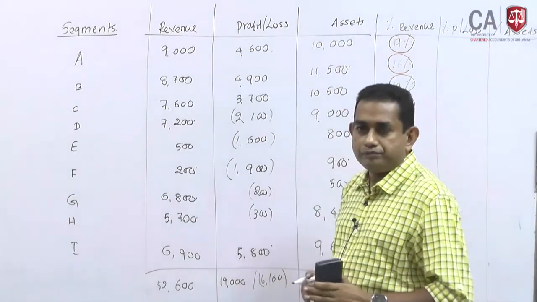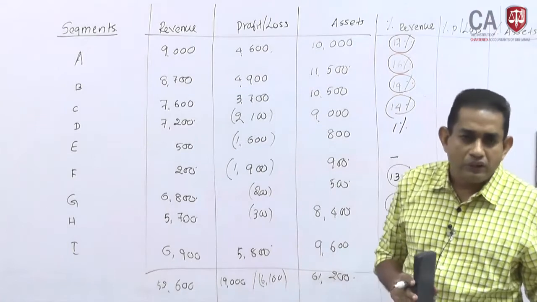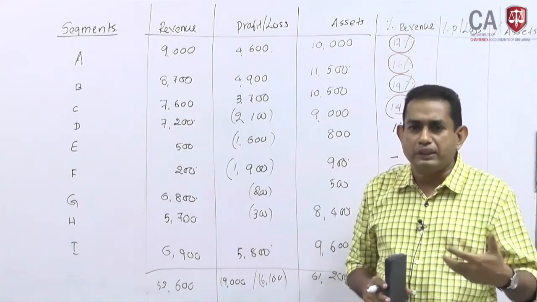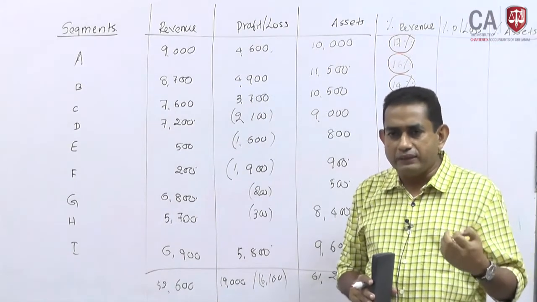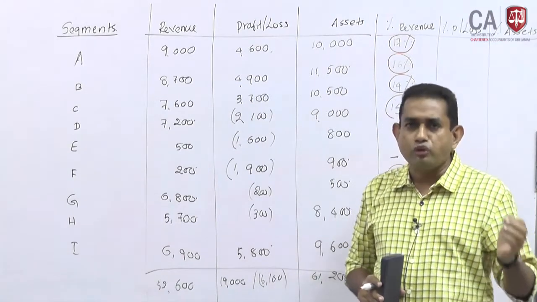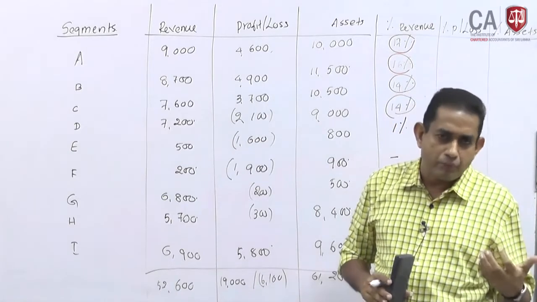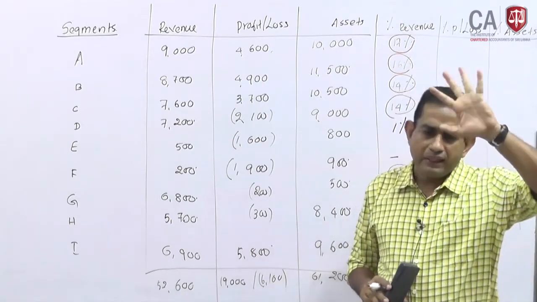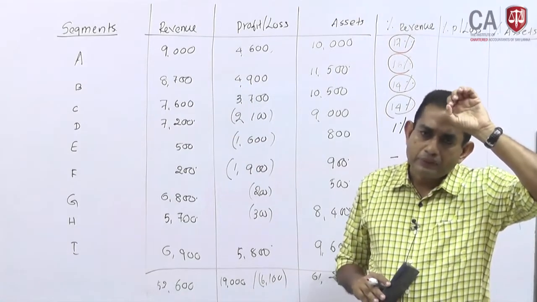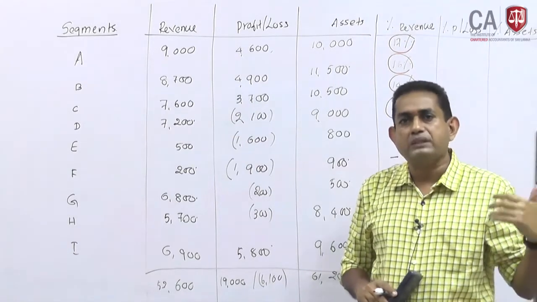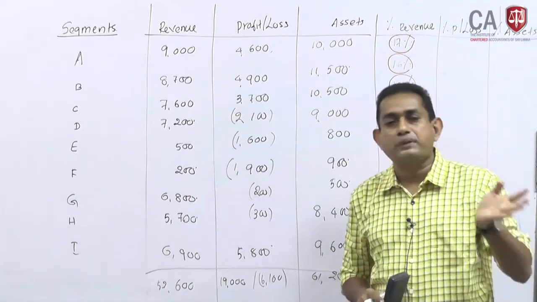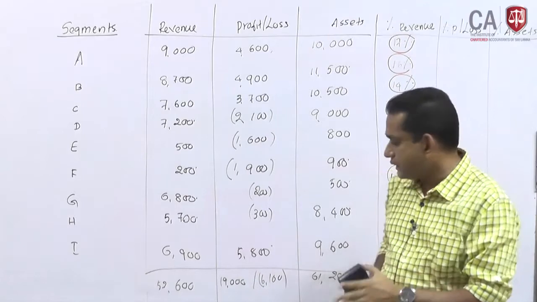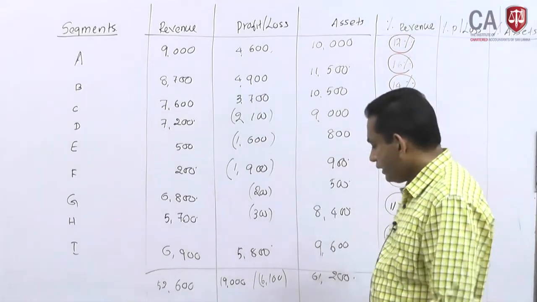Without netting off, you take the absolute profits of the segments that reported only profits and absolute amounts of losses of the segments that reported only losses, and that is what we have done here.